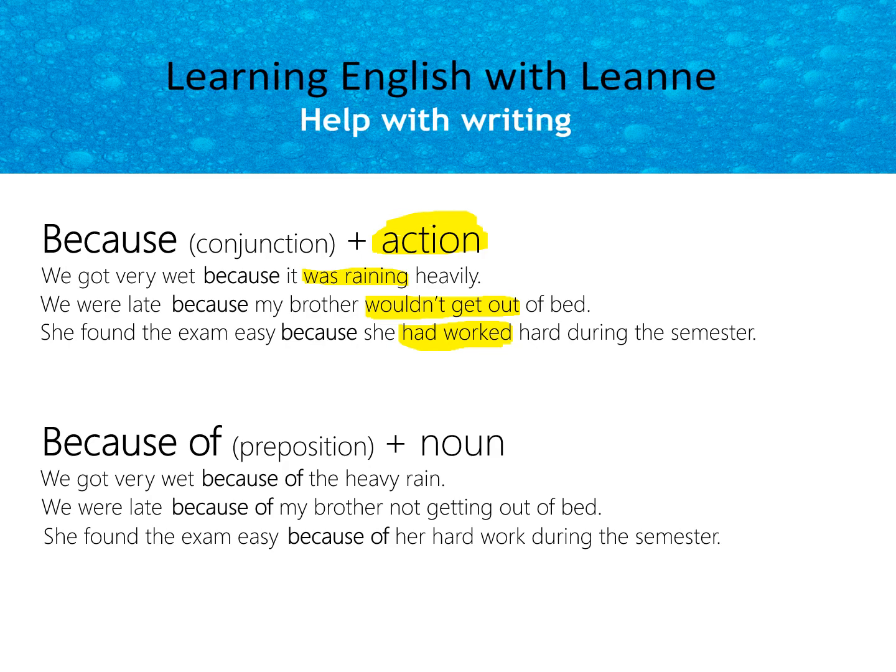When we see our because of, we're looking at these nouns or noun groups. There's no verb here. The heavy rain. My brother not getting out of bed. Noun groups. Her hard work.